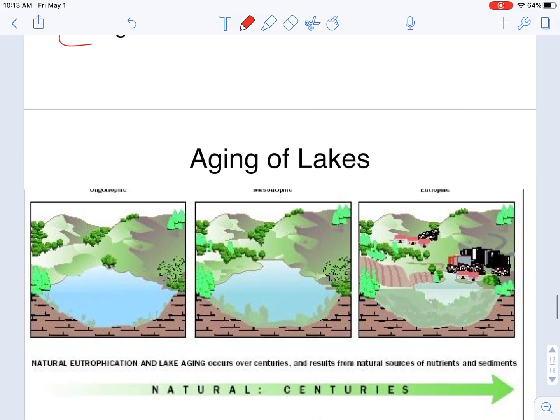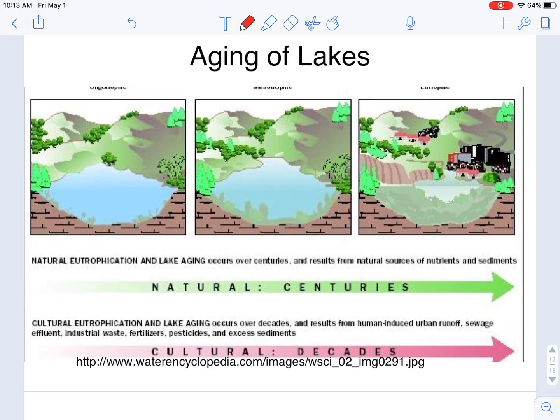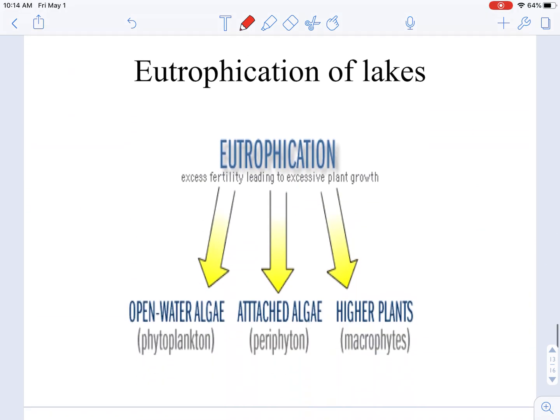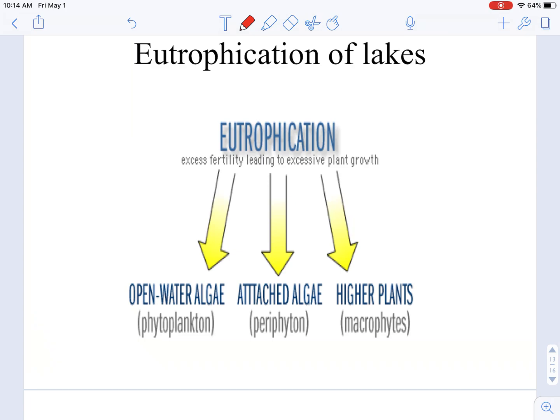Okay, and what that's going to do is what you kind of saw in the nitrogen cycle human impact. It's going to increase the amount of algae at first, right, which increases oxygen and stuff like that. But over time, that lake decreases the amount of oxygen because we're leading to a dead zone.